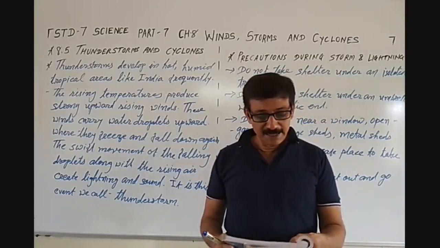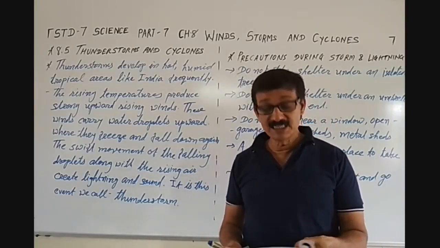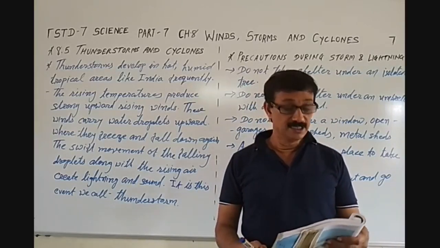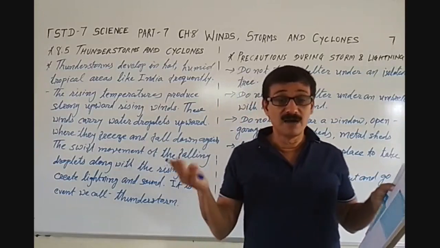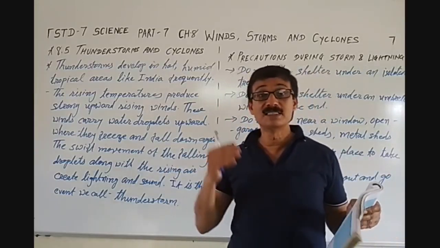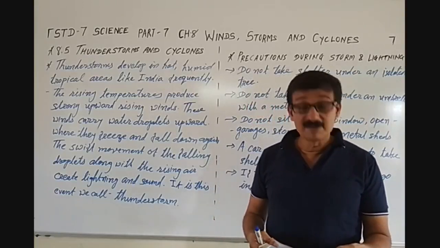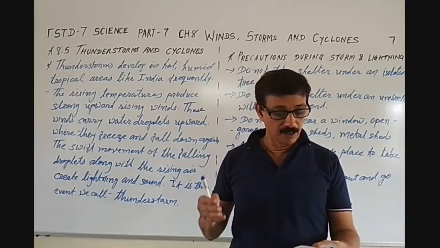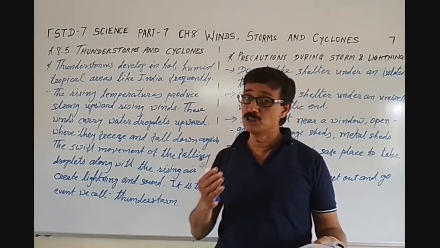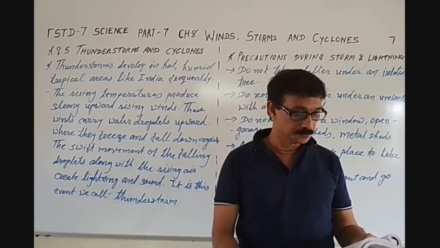The rising temperature produces strong upward rising winds. Say during summer, in our area the temperature used to be more than 40, isn't it? That is why the rising temperatures produce very strong rising winds.